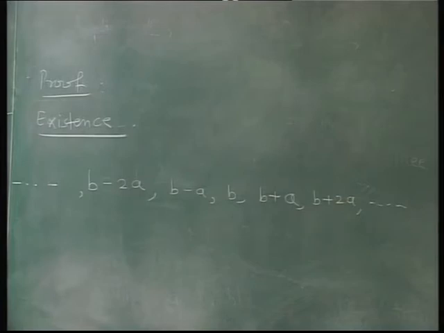So when you go on adding a, eventually the numbers have to become positive. So you take the smallest non-negative number in this sequence, because on this side the numbers are decreasing, they will become negative after some time, and you call that r.